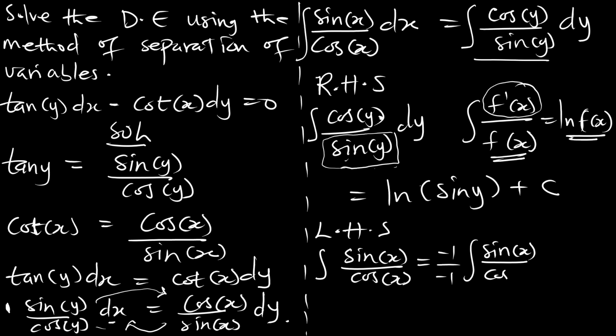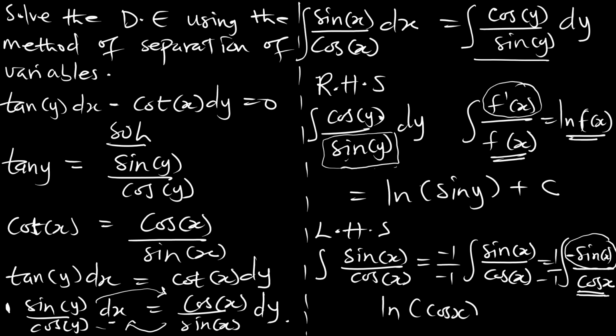I still want to use the shortcut. That is going to be integral of negative sine x, still negative out, so I will have 1 on -1 here, cos x. Now look at this. If I differentiate cos x, I'm getting negative sine x on top, right? So that is going to give me ln of cos x, but I still have the negative sign here, so that is going to be negative plus c.